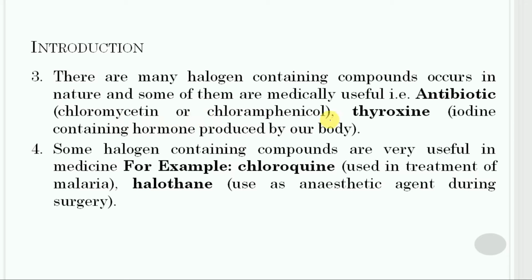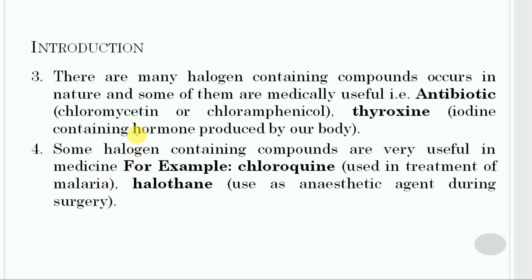There are many halogen containing compounds that occur in nature and some of them are medically useful. For example, the antibiotic chloromycetin or chloramphenicol.